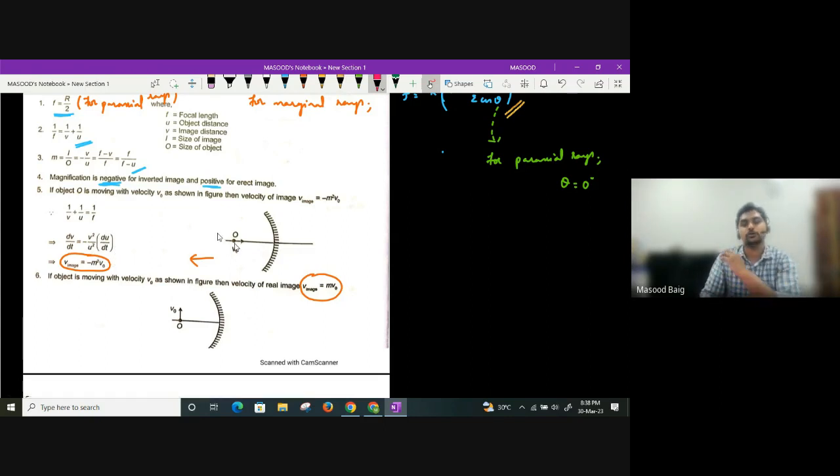So if you take an object, if it is moving towards the mirror along the principal axis, then its image is also going to move along the principal axis. But what will its velocity be? Minus m square times the velocity of object. And how will you find m value? In case of mirror, minus v by u, or f minus v divided by f, or f divided by f minus u.